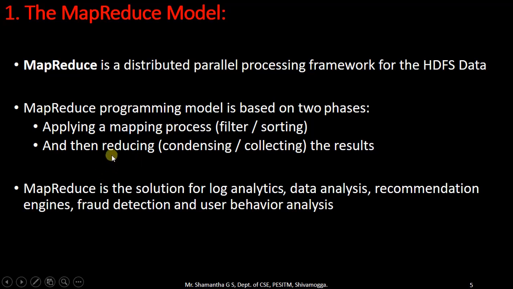That is the second phase, reducing the result. The word MapReduce is made from two words: mapping the process and reducing the result. MapReduce is the solution for log analytics, data analysis, recommendation engines, fraud detection and user behavior analysis.